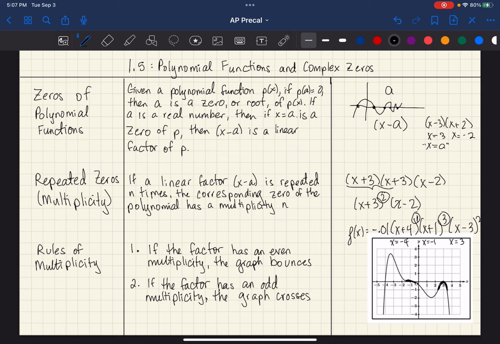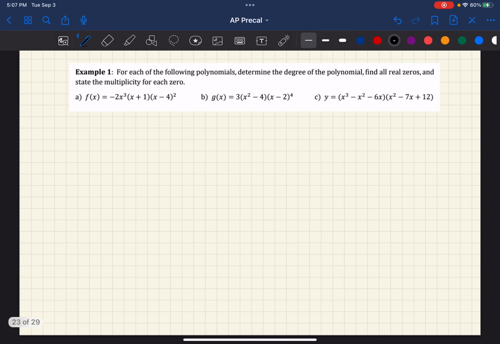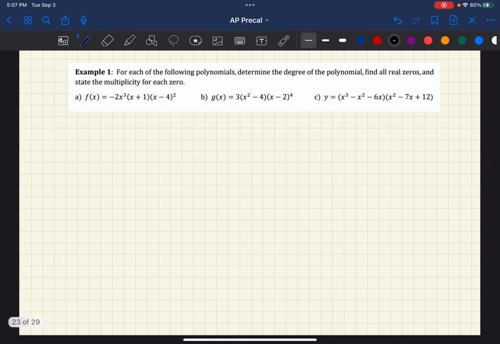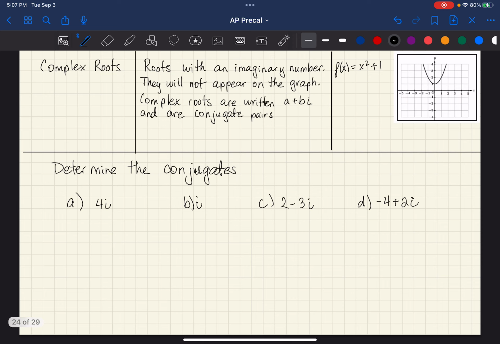Well, 1 is an odd number, so my graph would cross over at negative 4. So you can go ahead and complete these examples. We will go over them in class together. All you have to do is determine the degree, find all real zeros, and state the multiplicity of each zero. Moving on, we have complex roots.